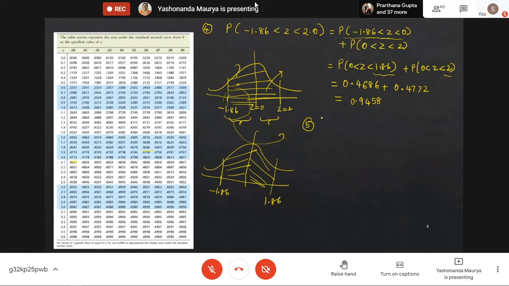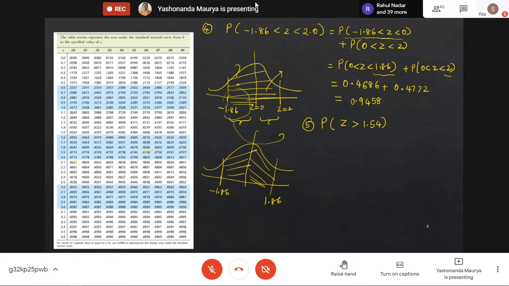Okay, so now what we have is: find the probability that Z is greater than say 1.54.